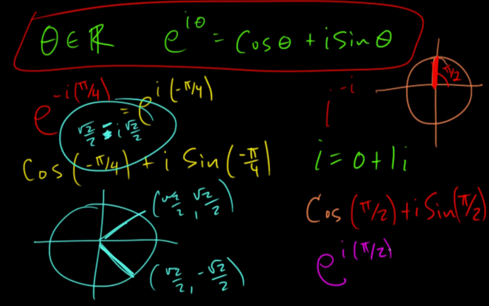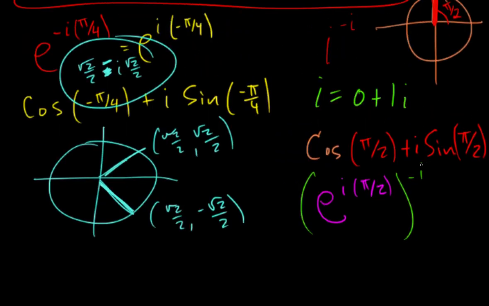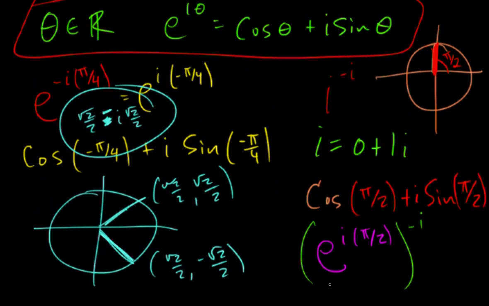And so if we take that, we can raise that to the negative i. So this is equivalent to i, and then we're raising it to the negative i.